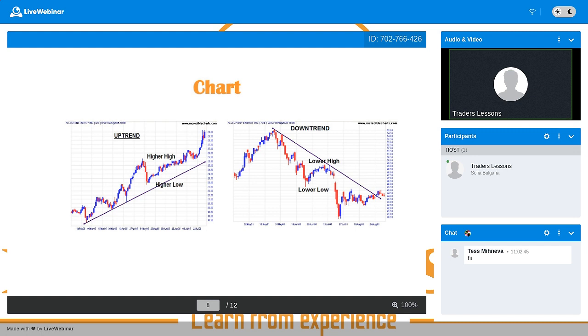The basic idea of the chart is that you check the price movement, the development of the price, whether for the past hours, days, months, it has been growing or dropping. If it has been growing, you can expect more upwards movement.